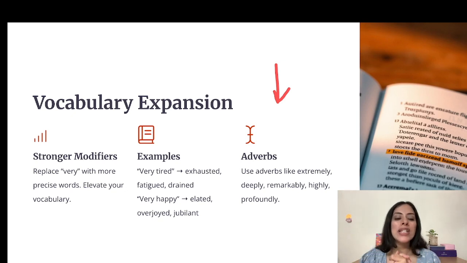Okay, so instead of saying your dress is very beautiful, you should say your dress is extremely beautiful. Okay, instead of saying I'm very disappointed, you can say I'm deeply disappointed at you. So it adds more vocabulary. Instead of saying very, you should use these adverbs.